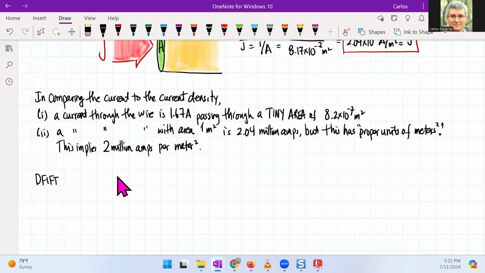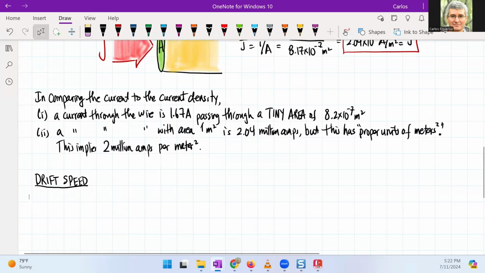Oops, spelled that incorrectly. The drift speed. It's more common to say drift velocity, but velocity indicates that you have to put in a direction, but we can't put in a direction.